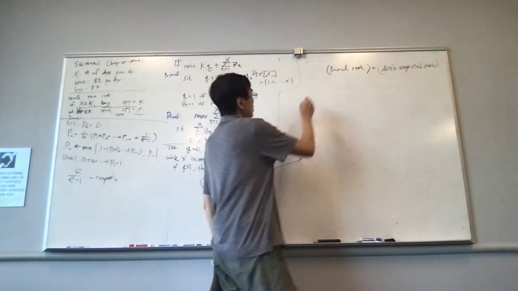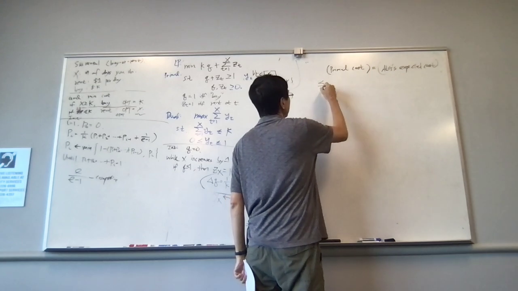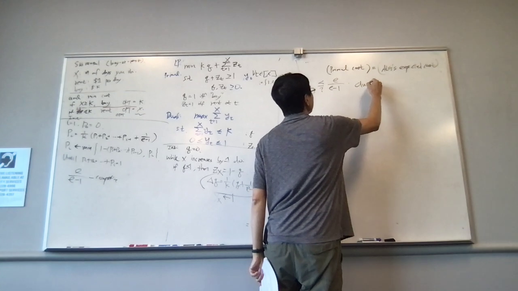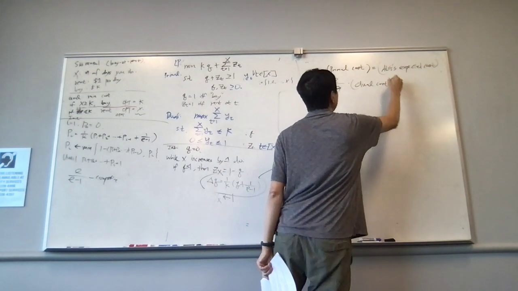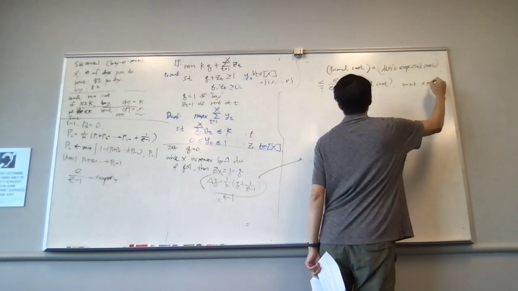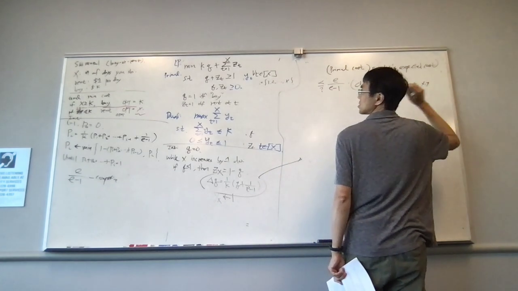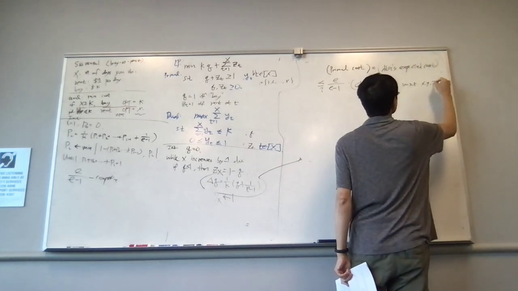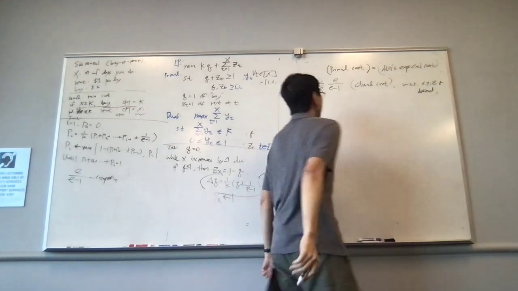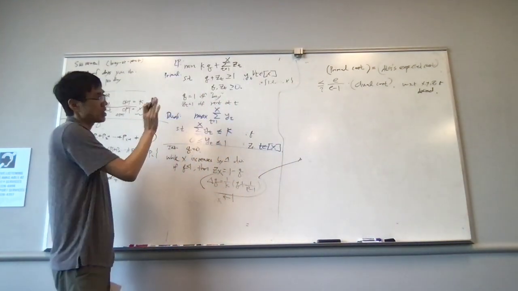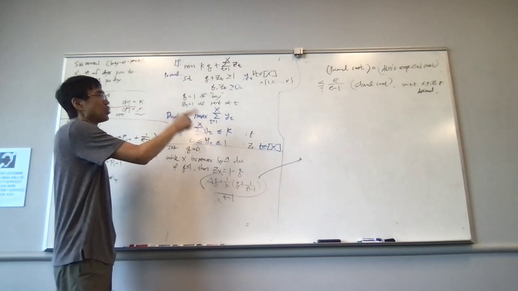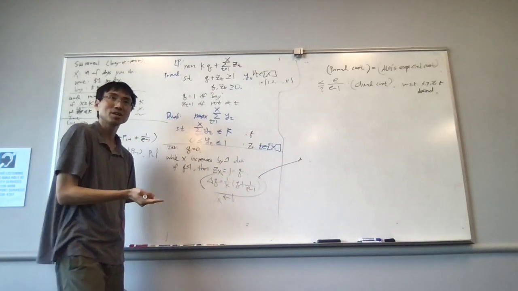So what I want to show is that this is at most e over e minus 1 times the dual cost, with respect to the dual variables x, y, z, q. We define x, y, z, q, and we want to show that the primal cost is at most e over e minus 1 times the dual cost.